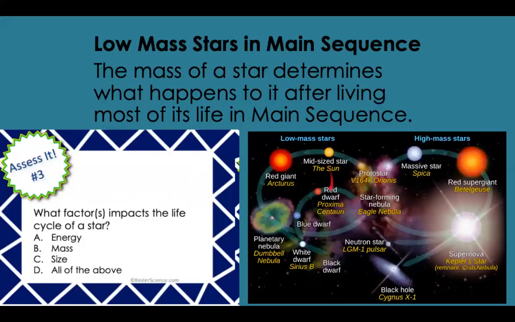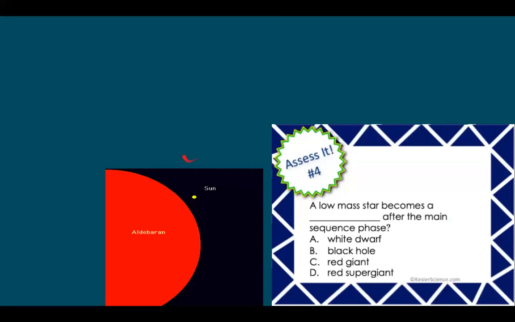So if we look at a low mass star, this is when it is formed or born. Protostar is a little baby. Mid-sized star, this is when it is in its main sequence phase. After the mid-sized star, after the main sequence, it is going to move into this phase.